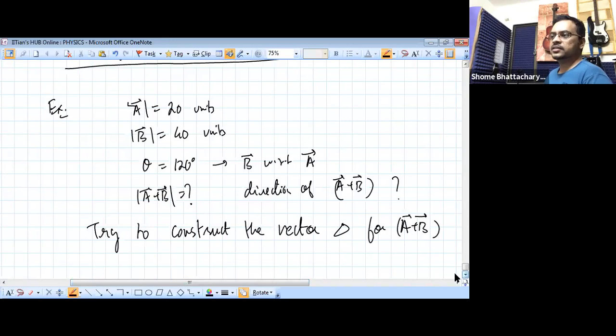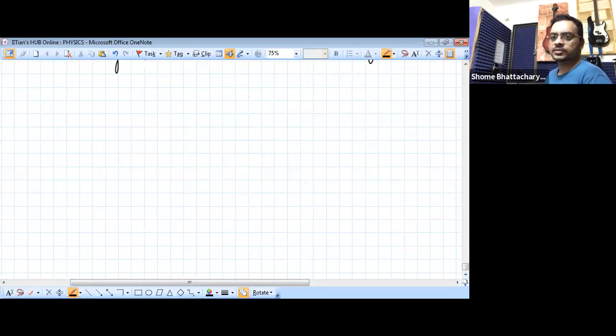So just try and construct the vector triangle and see if you get something interesting. Vector A अगर ऐसा है suppose, it's of magnitude 20 units. Now in comparison to this, where should I draw the vector B? It should be from A's direction.